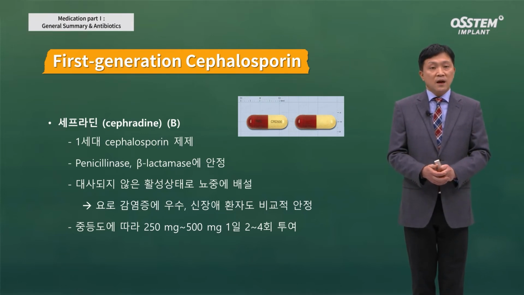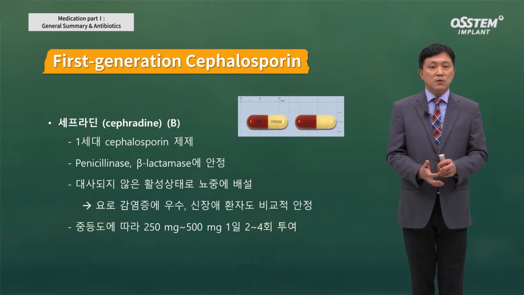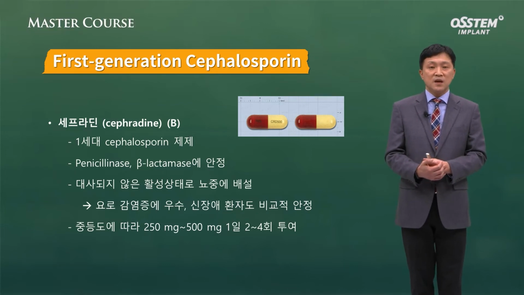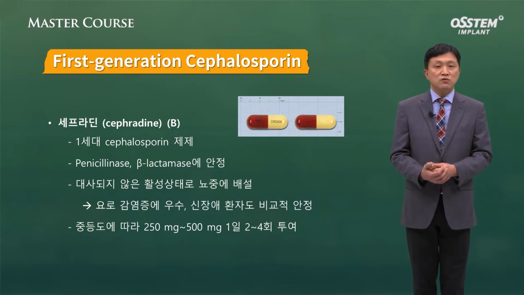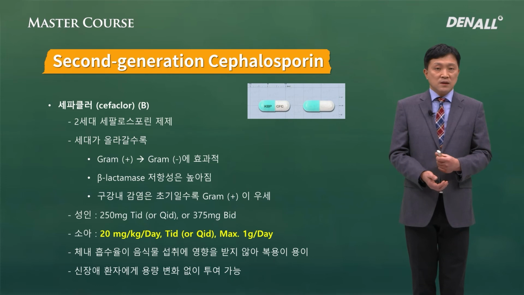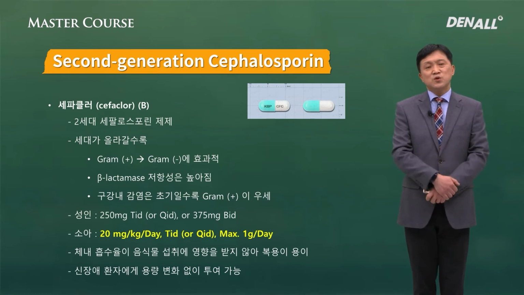It is stable under penicillinase and beta-lactamase. It is not metabolized and is discharged in urine, so it is very good for urinary tract infection. Depending on the severity, 250 to 500 milligrams can be used 3 to 4 times a day.